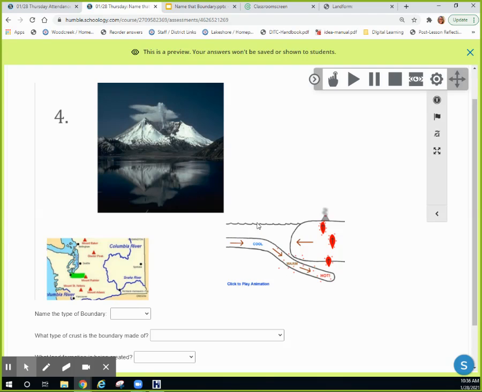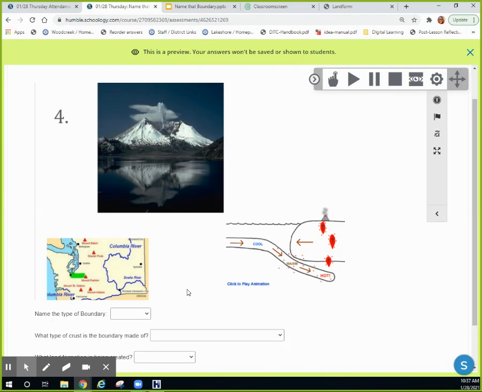And I know that it's oceanic because I see the water, and this plate's under the water, and it's being pushed down below the continental plate that has a volcano on top of it. So this diagram is illustrating subduction, where that oceanic crust is being recycled and melted back down into magma.